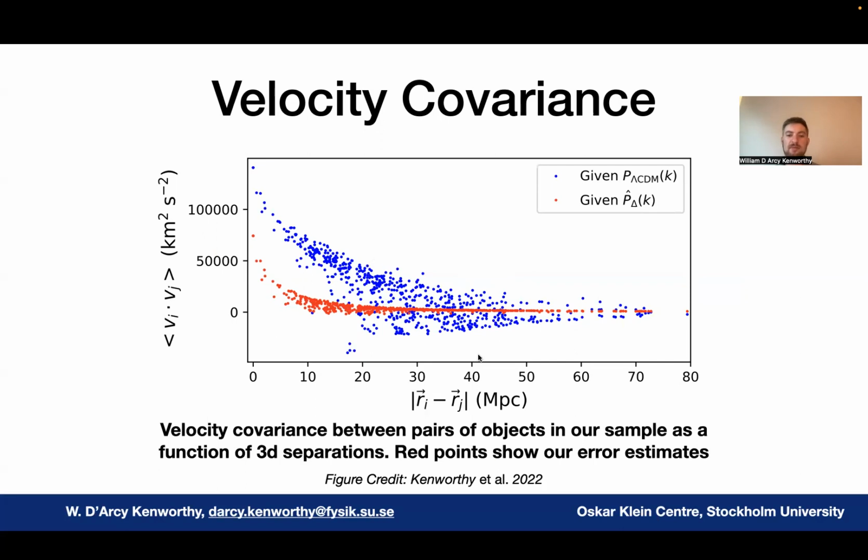The lambda CDM covariance shows a very high amplitude of more than 300 kilometers per second per megaparsec. And this data is correlated at enormous scales that mean that we would have very significant correlations in our data.